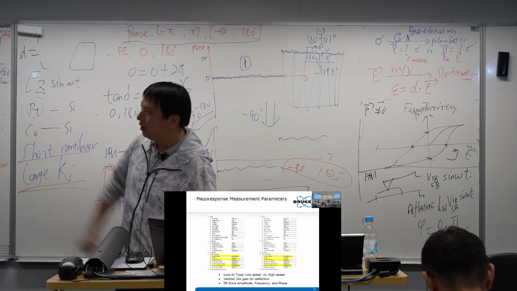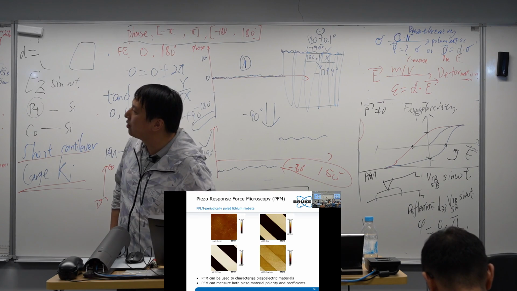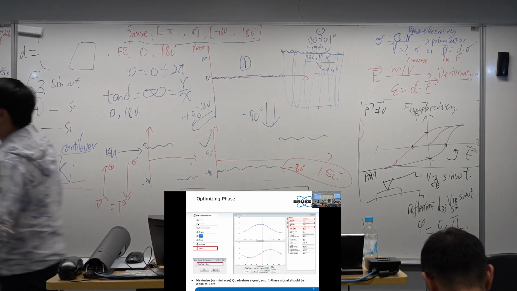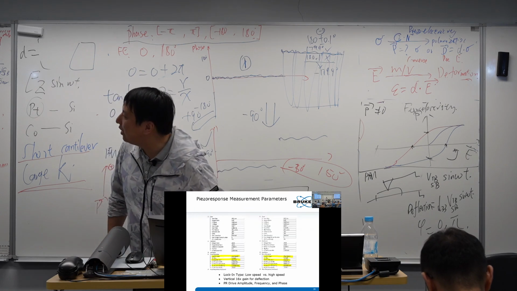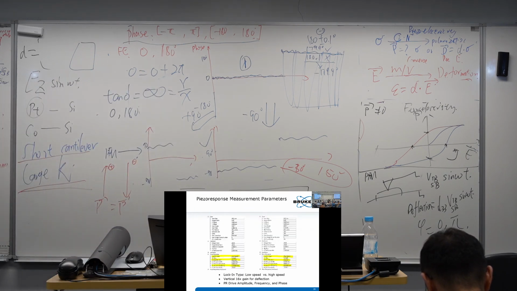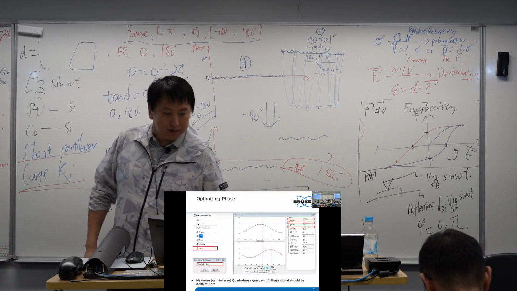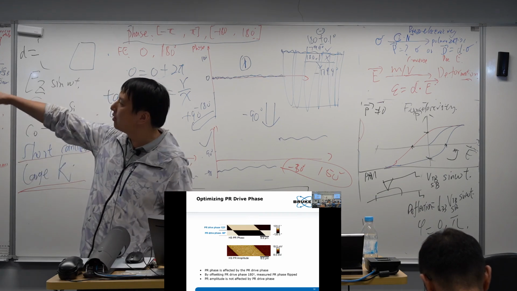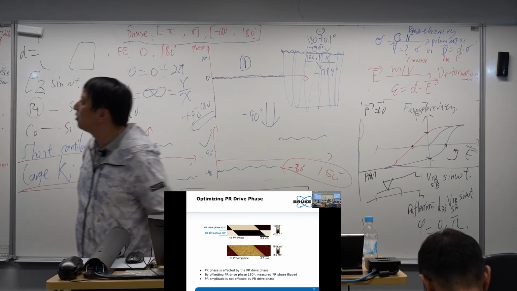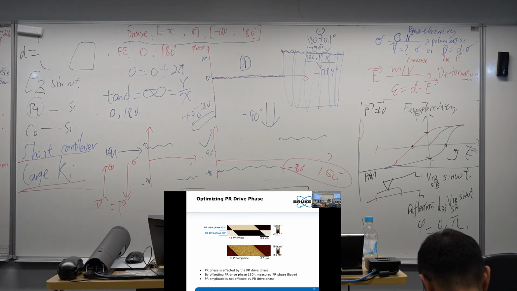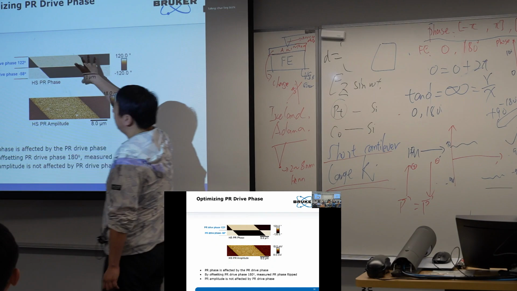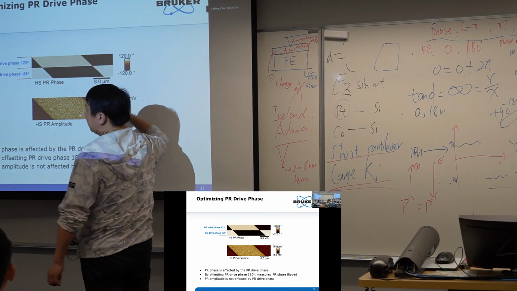So in your future work, you don't need to open this one. You can just directly change the phase here. So yeah, that's the point of this graph. You just adjust the phase. You can adjust the contrast on your phase signals.